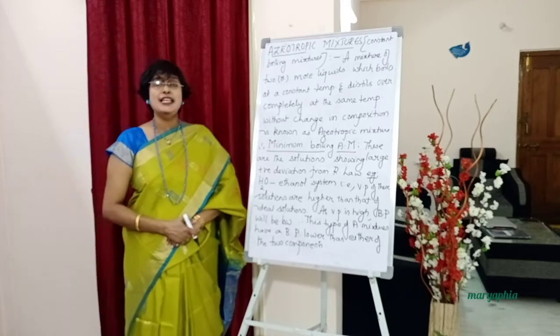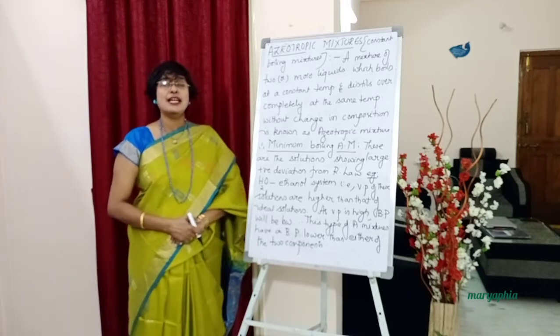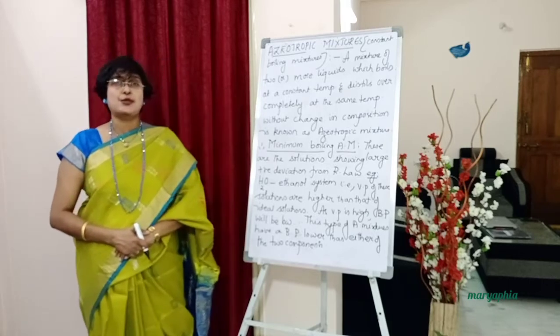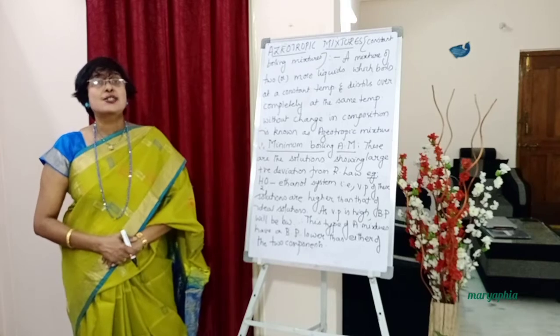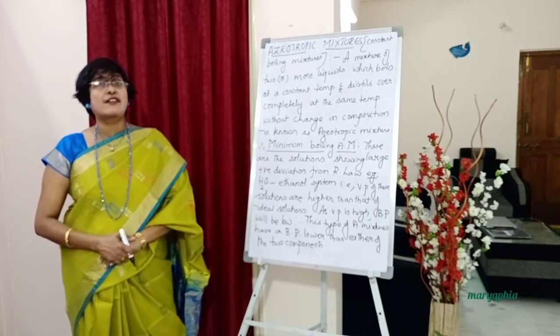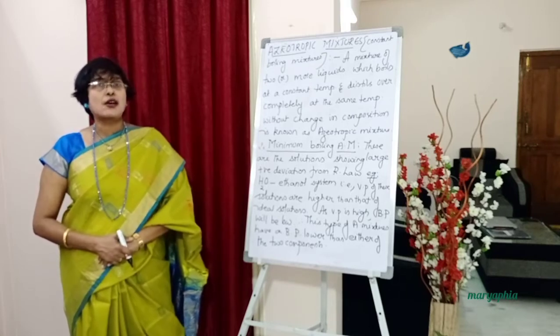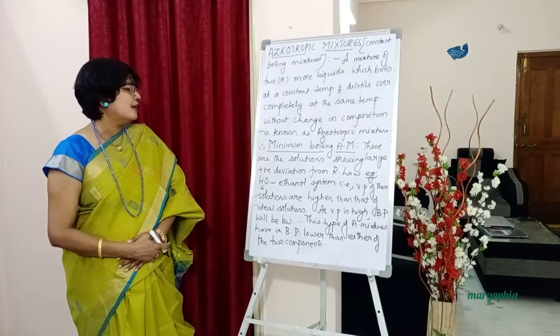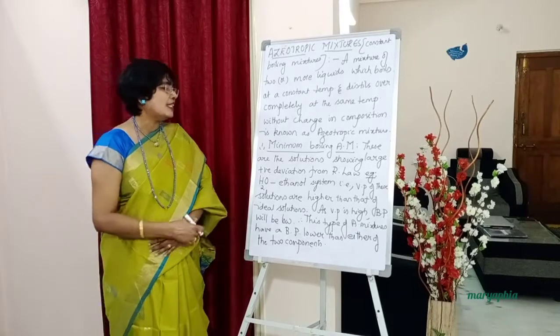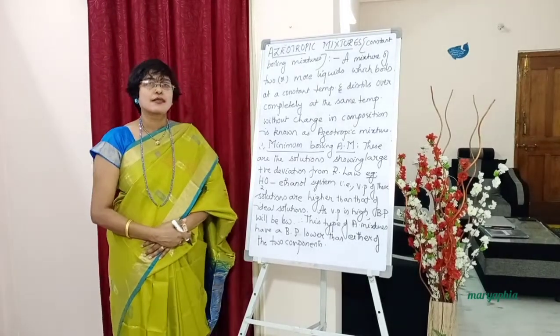Under non-ideal solutions, we have come across three types, type 1, type 2 and type 3. This is type 2 solutions where they deviate to a greater extent from Raoult's law. So these are nothing but the minimum boiling azeotropic mixtures. Example, water ethanol system.